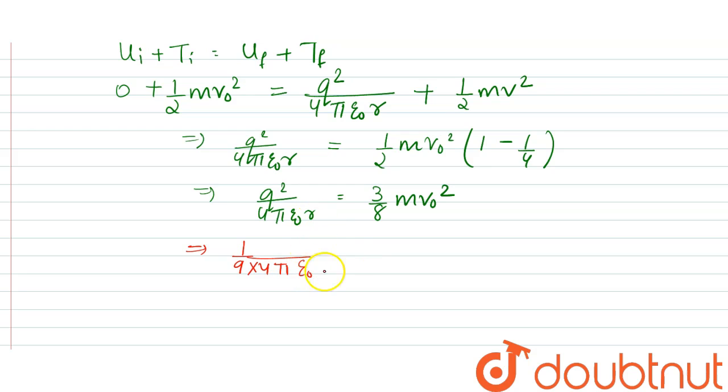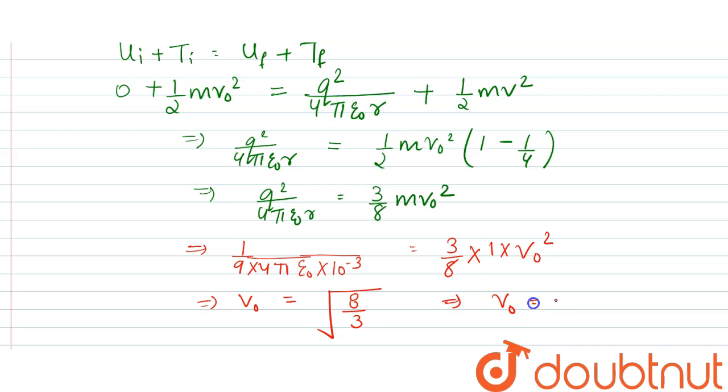R is given as 1 millimeter, so 10 to the power minus 3. That equals 3 by 8 into mass 1 kg into v naught square. So from here we get the value of v naught to be equal to 8 by 3, which implies v naught is 2 root 2 by 3 meter per second. This is the answer.